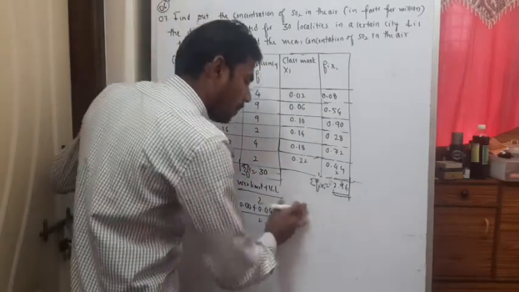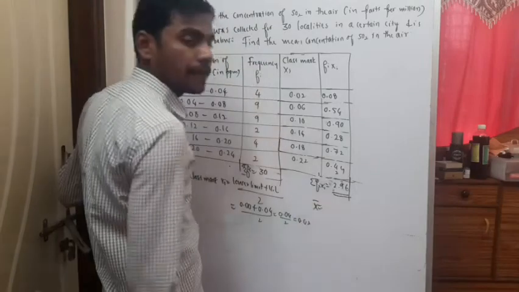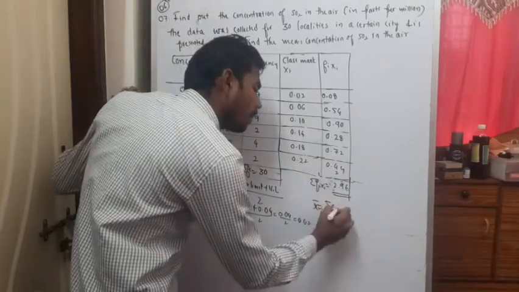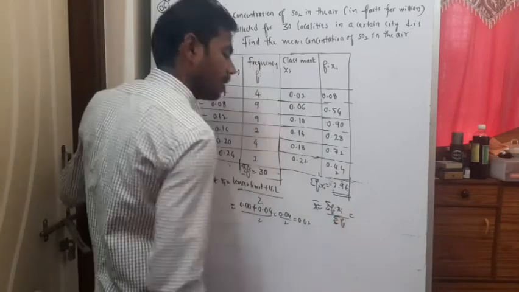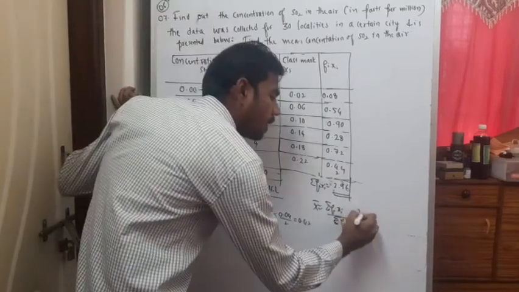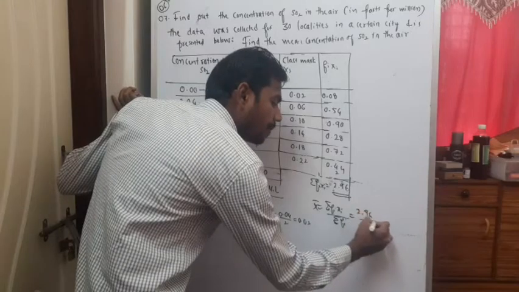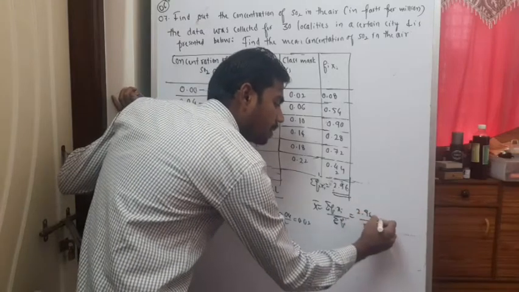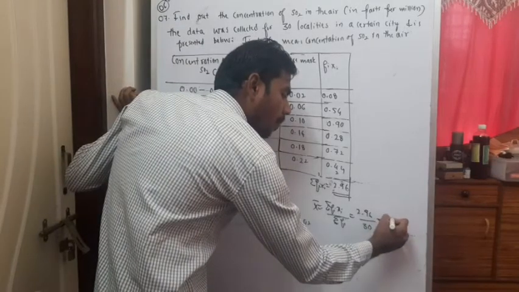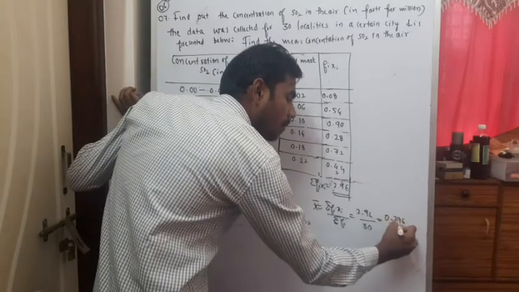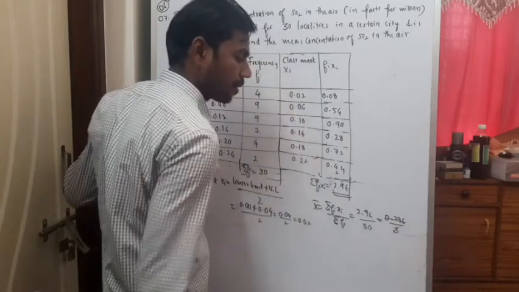So, mean is equal to sigma fi into xi divided by sigma fi. So, 2.96 divided by 30. Or else, if you remove 0, that is 0.296 divided by 3. 3 ones are 3.